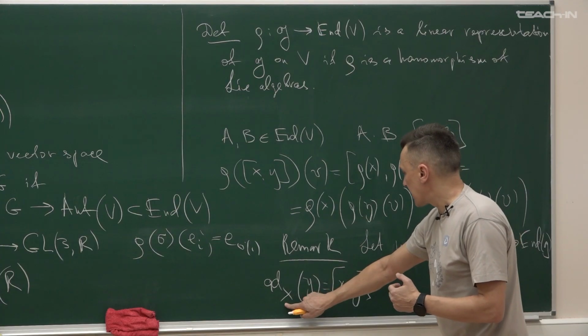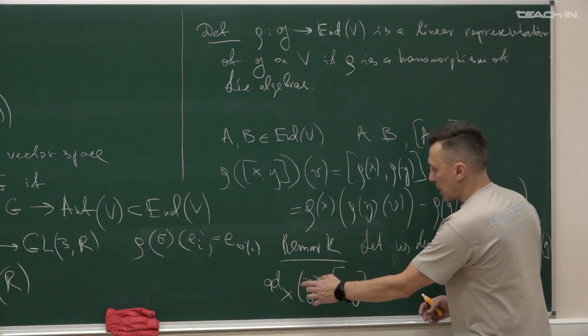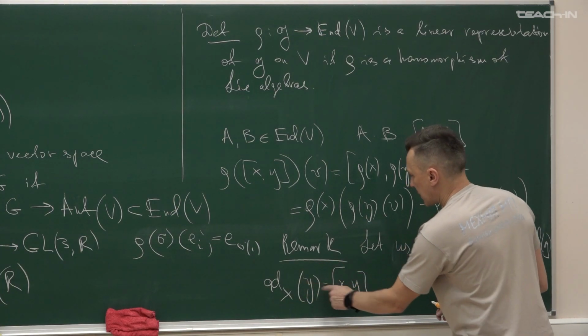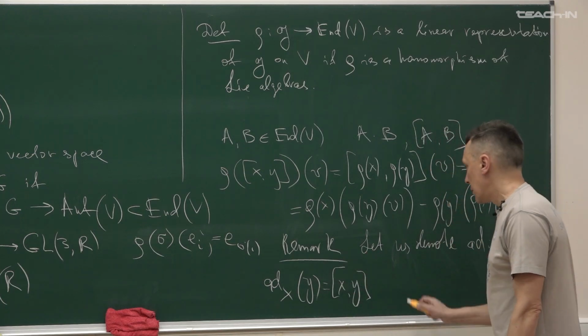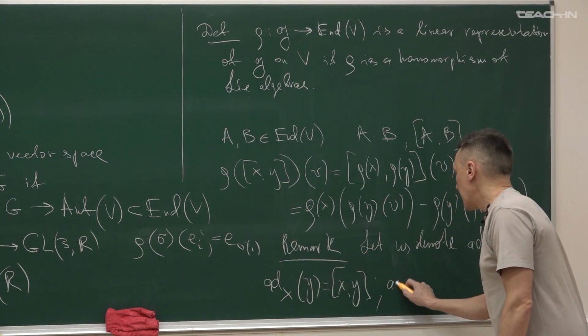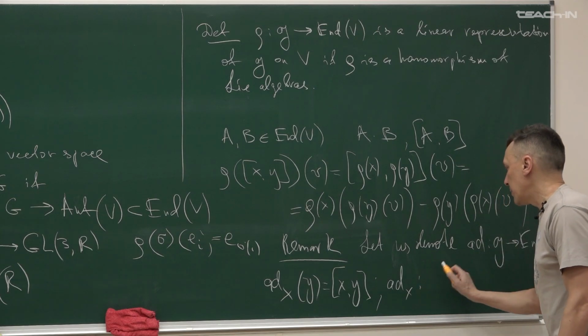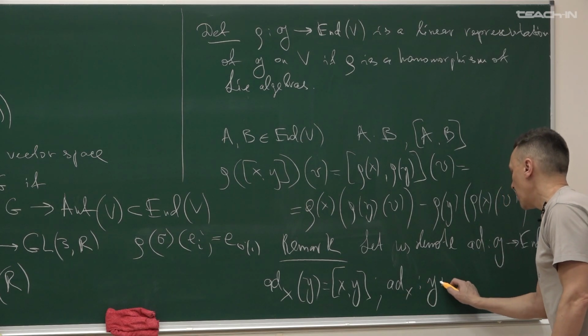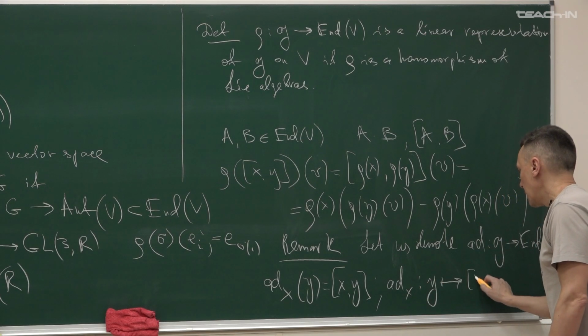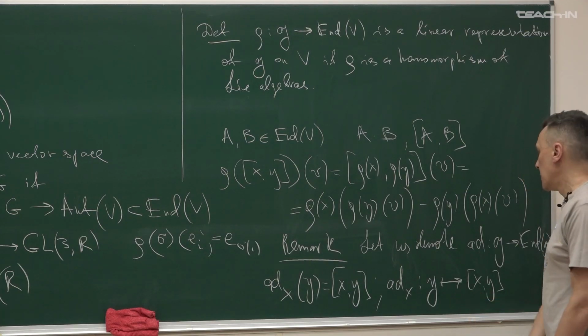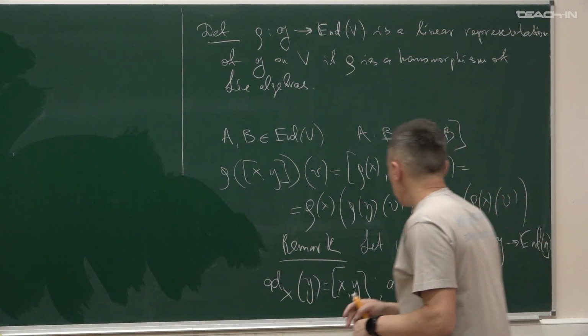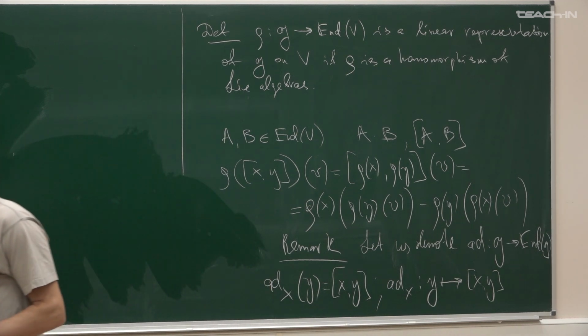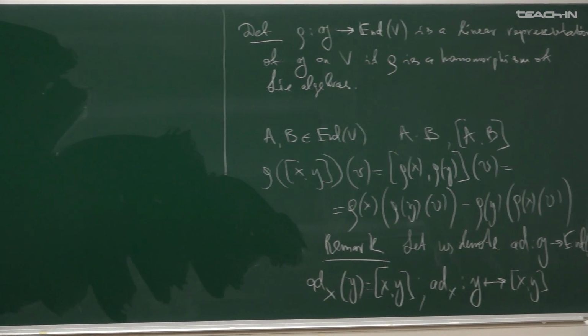So you see, for each x, we construct a map which sends y to [x, y]. My statement is that it is a linear representation.